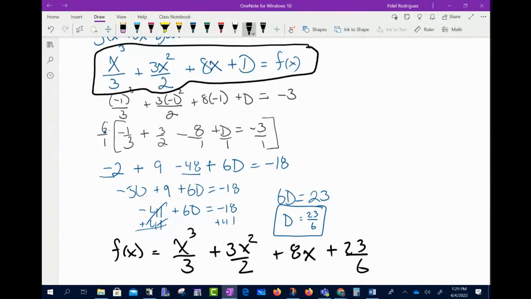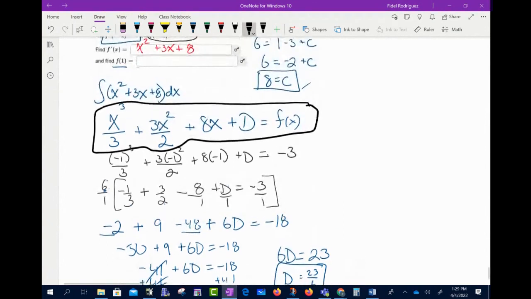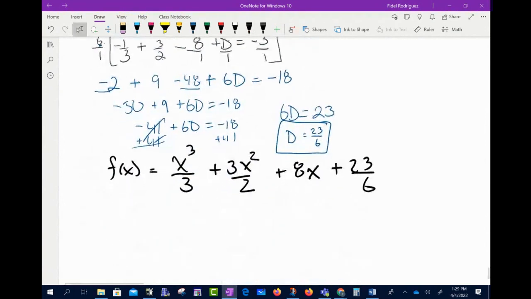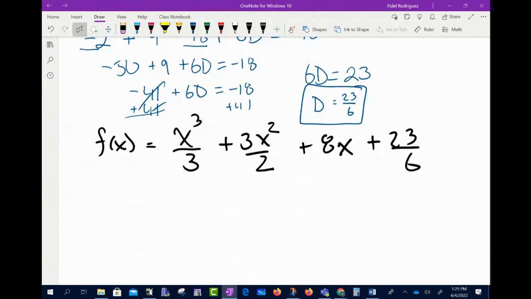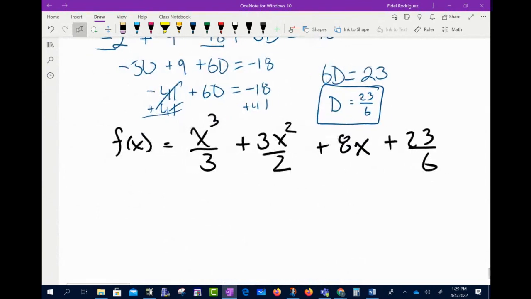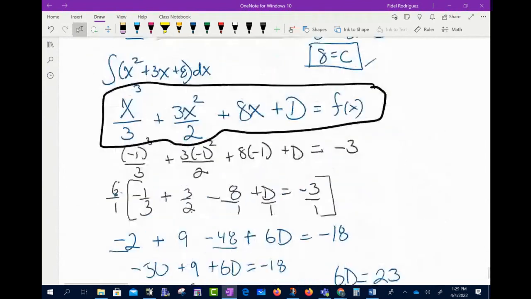So far, we okay in how we came up with those numbers? Okay. And I want to show you something. Look what the question is actually asking me to do.